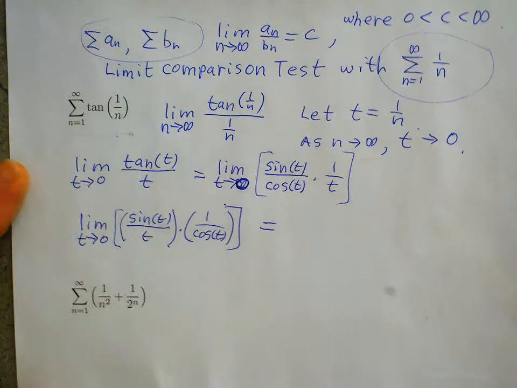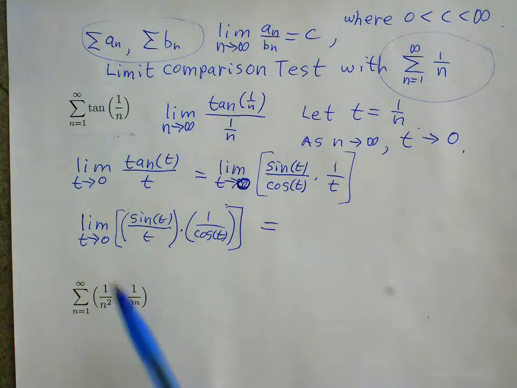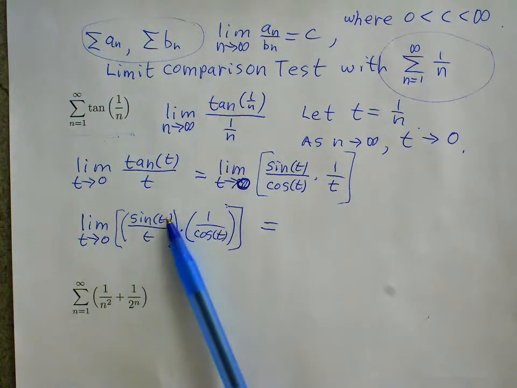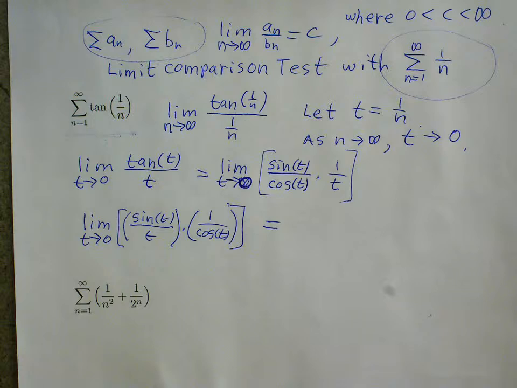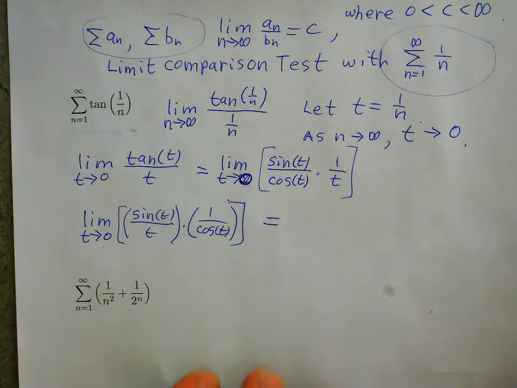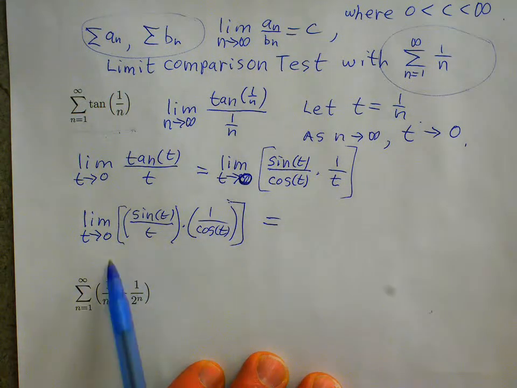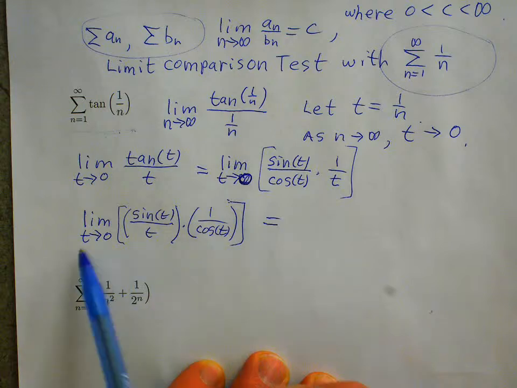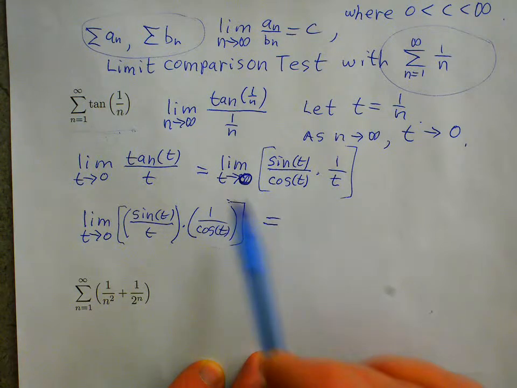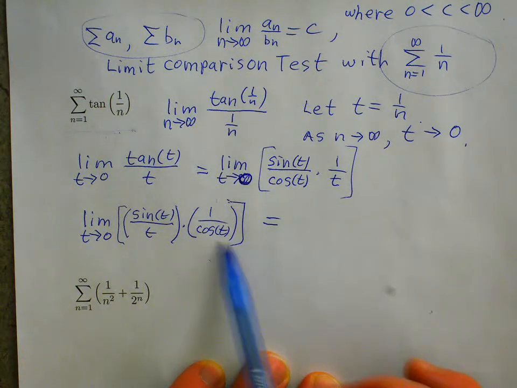And you might remember from Calc 1, the limit of sine of t over t as t approaches 0. So that equals 1. And the limit of 1 over cosine of t as t approaches 0 also approaches 1 because cosine of 0 is 1.